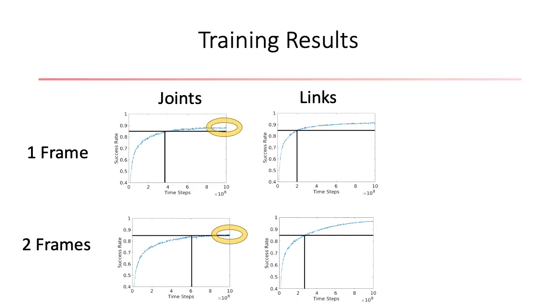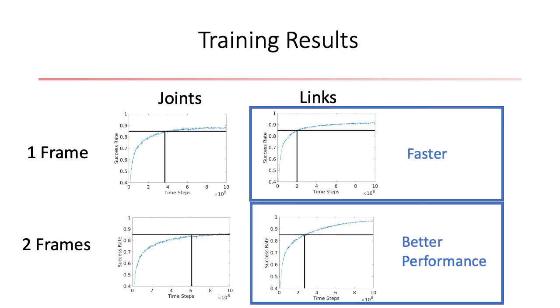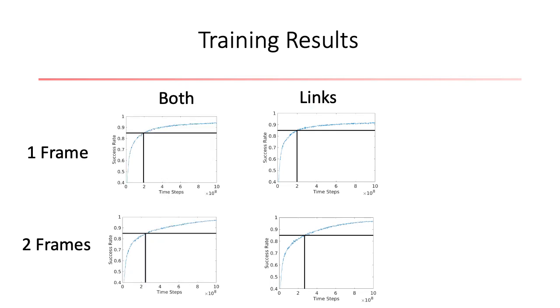Of great interest, moving to 2 frames decreased final performance for joints, but increased final performance for links. Thus, links are superior in training, with links 1 frame best for fast learning and links 2 frames best for final performance. An obvious question is then, how do links compare with a policy trained with combined joint angle and link position observations?